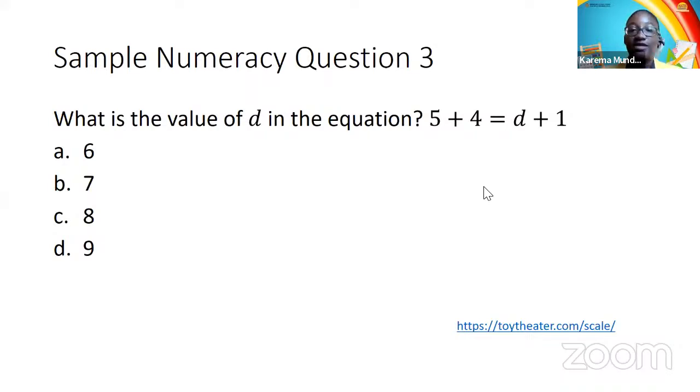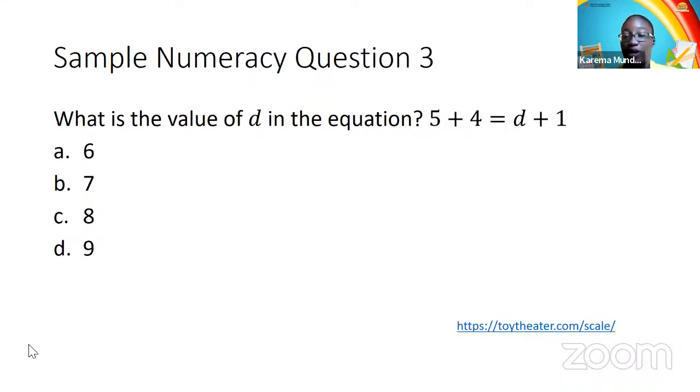All right. So before we get to answering the question, we need to understand what the equal sign means. So I'm going to pull the answer out of the chat that I think represented very closely what the equal sign does tell us in mathematics.